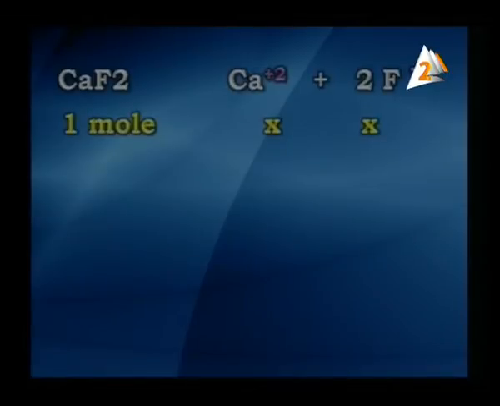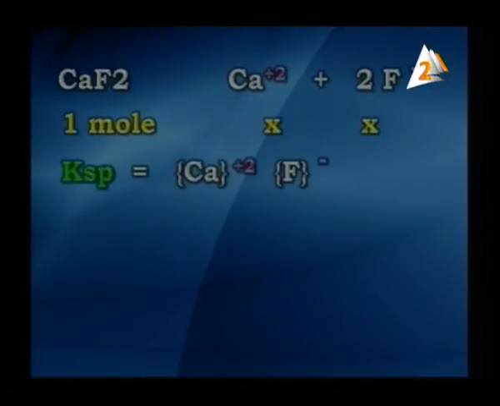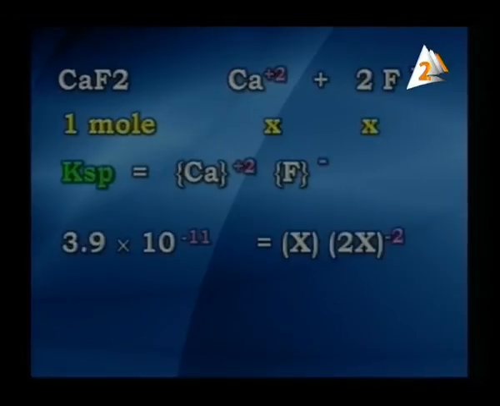So from 1 mole of calcium fluoride we have x mole of Ca2+ and 2x mole of F-. Then Ksp equals [Ca2+] times [F-]^2, so 3.9 times 10 to the power of negative 11 equals x times (2x)^2.